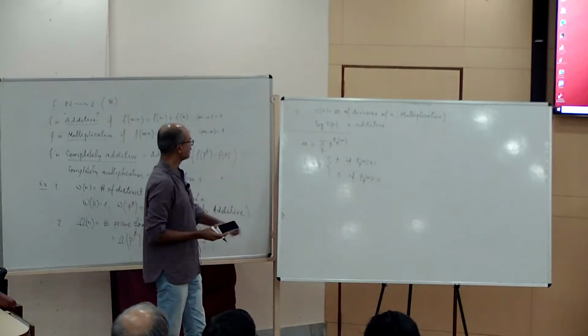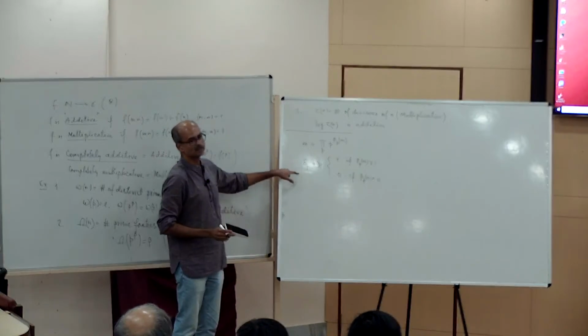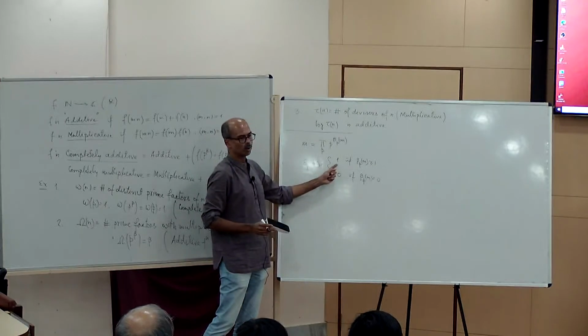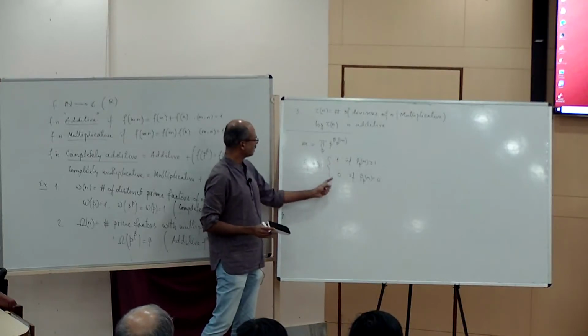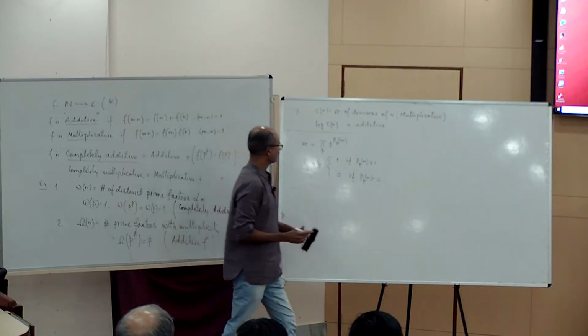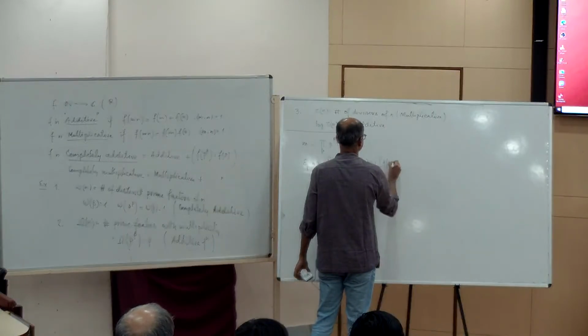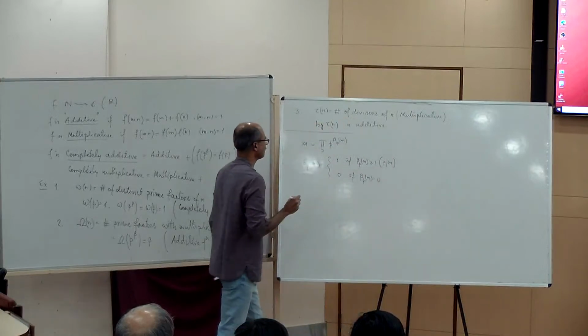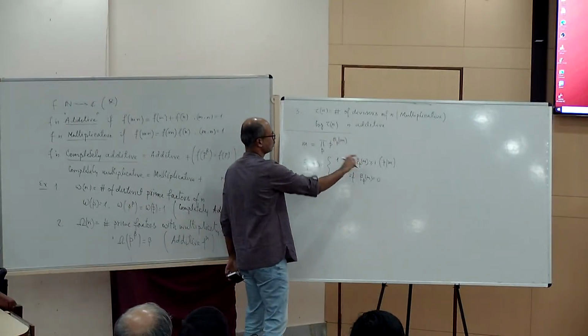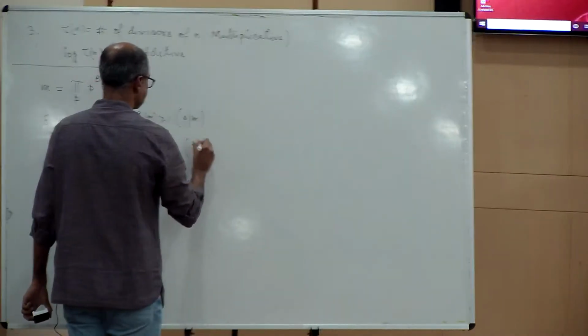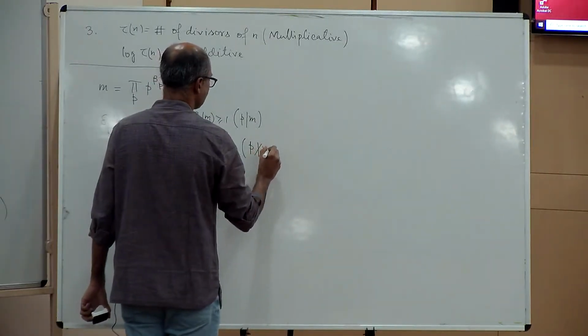So, in other words, this is simply an indicator function of divisibility. If p divides m, then you get 1, or if p does not divide m, then you get 0. If it divides m, then beta p of m is at least 1, and this is just the case where p does not divide m.